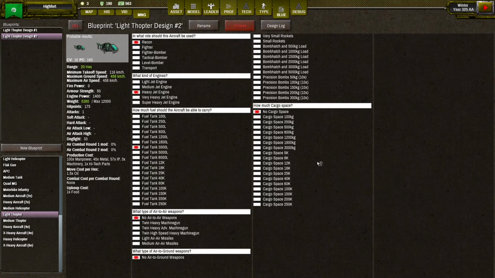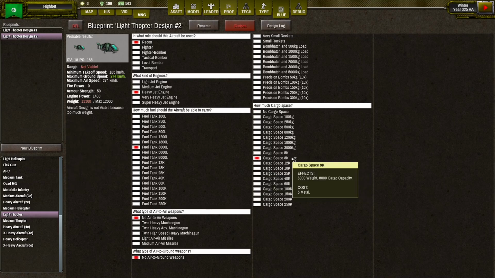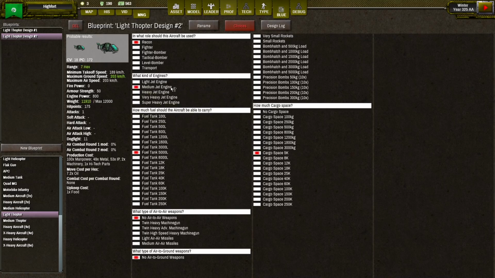We need cargo space, quite big cargo space to evacuate the militia unit. I'm not sure if they will be able to use 8,000 kilograms. No, because this is more than their maximum weight. So medium jet engine, 5,000. So we are at the edge of the maximum weight, because the heavier the model type, the more it can increase the maximum weight.